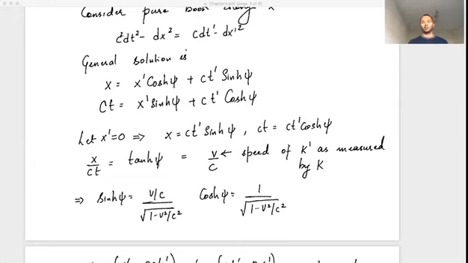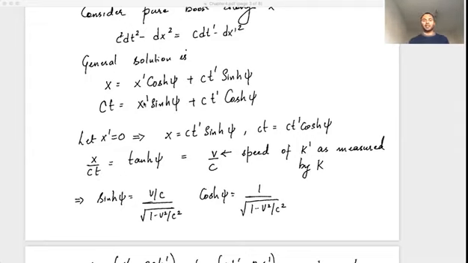You can again do this for sinh of psi, and basically try to get rid of the hyperbolic function. So what is x divided by t? That's just the speed of frame k prime as you measure in frame k, right? I put x prime equal to 0.